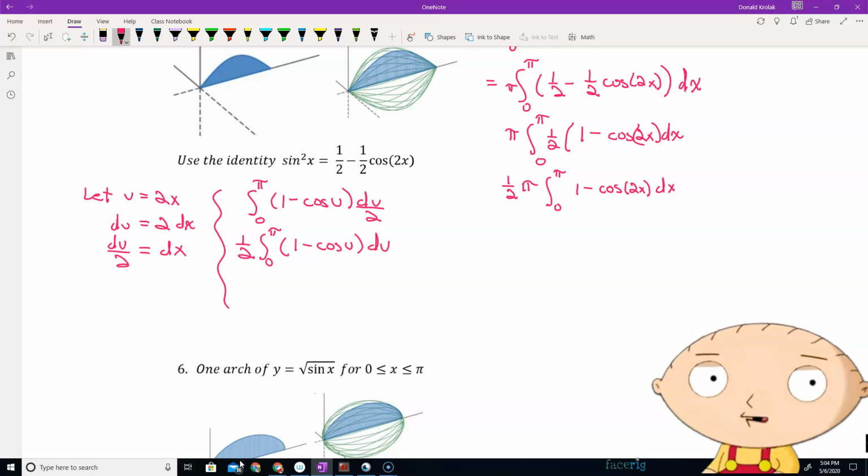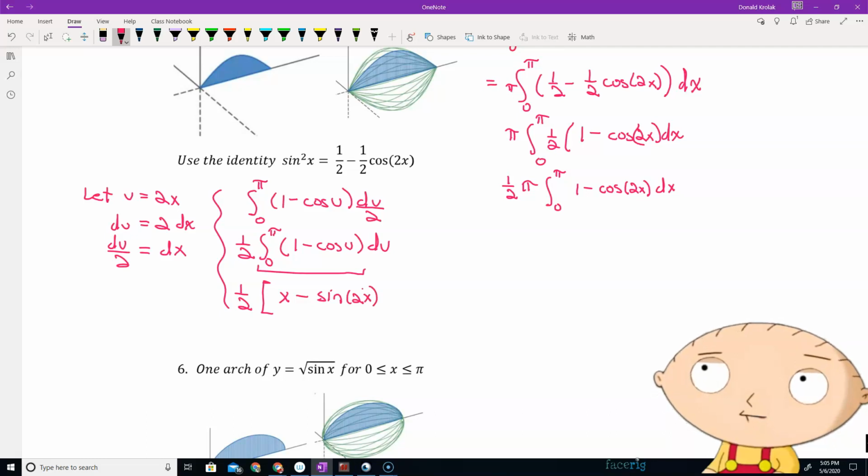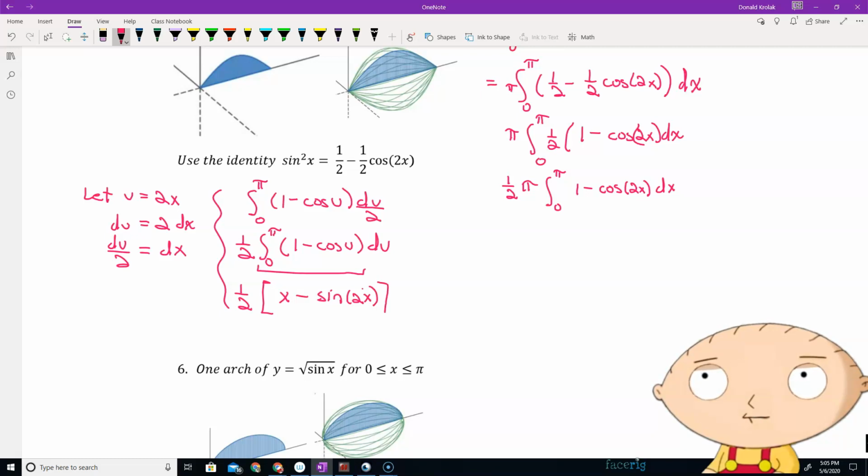And now, with all due haste, we shall integrate. So the integral of 1 is x minus the integral of cosine is sine. I will substitute my value of u and there is my integral.